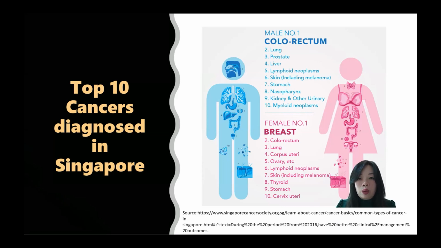For male, the number 1 diagnosis is colon rectum cancer, number 2 is lung cancer, and number 3 is prostate cancer. For female, the number 1 diagnosis is breast cancer, number 2 is colon rectum cancer, and number 3 is lung cancer. So you can see the list of the top 10 cancers diagnosed in Singapore over here.